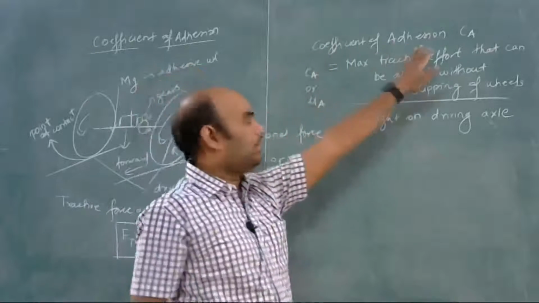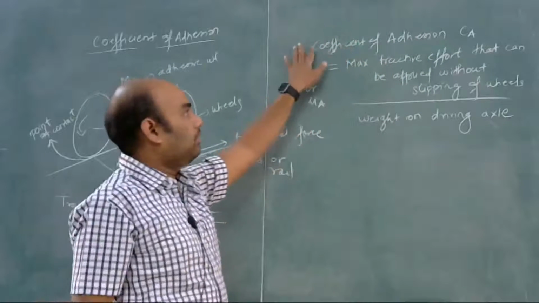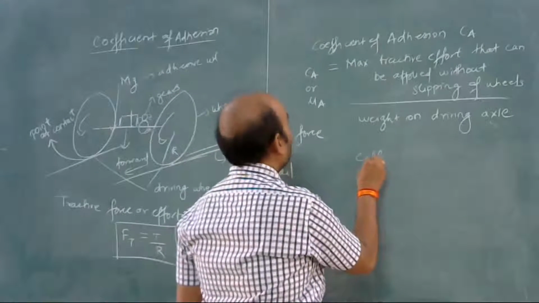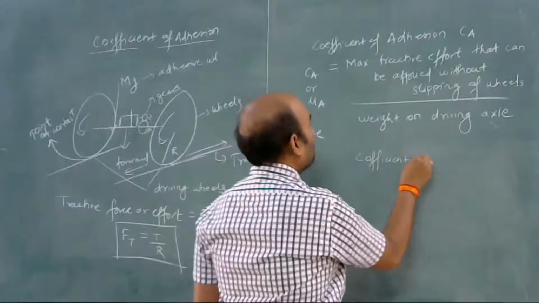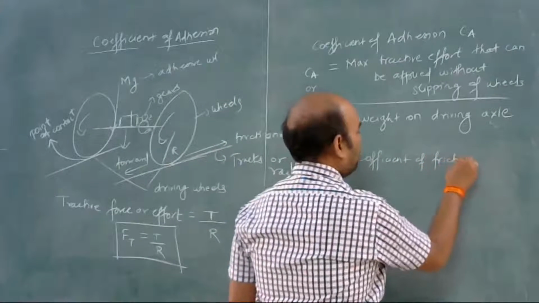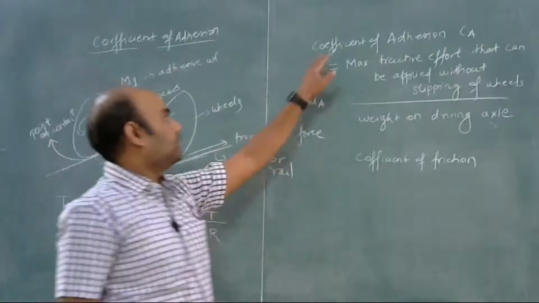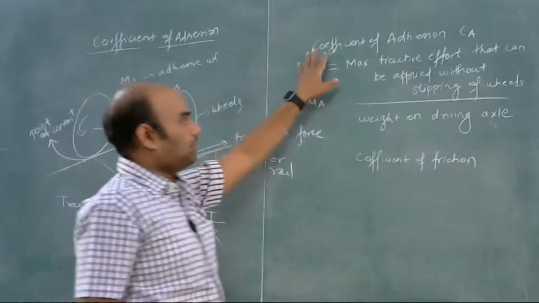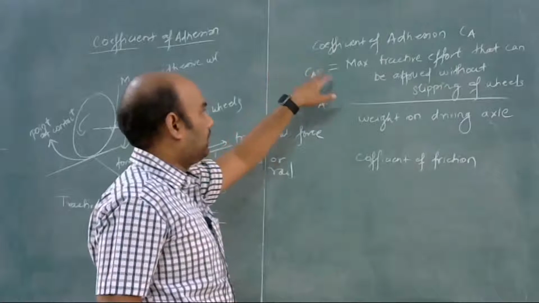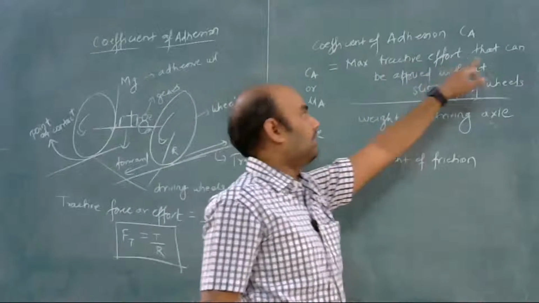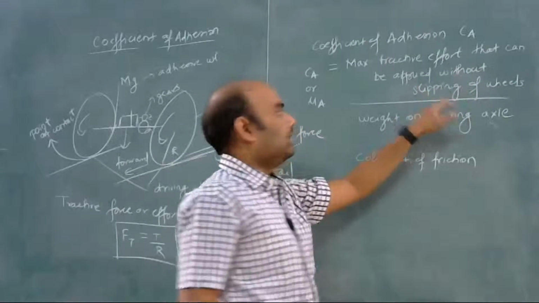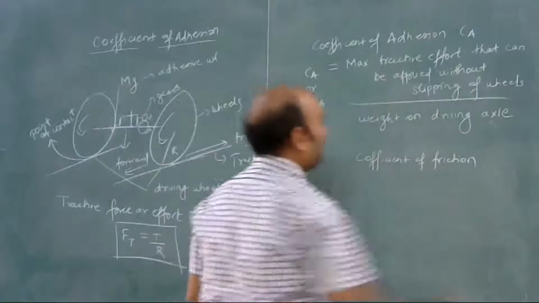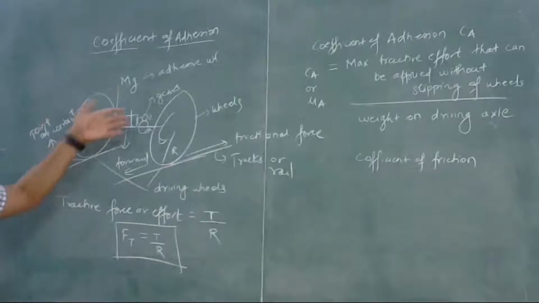So this coefficient of adhesion is quite similar to, and analogous to, the coefficient of friction. In traction we generally call it the coefficient of adhesion. We define it as the maximum tractive effort that can be applied without slipping of the wheel, divided by the weight on the driving axle.